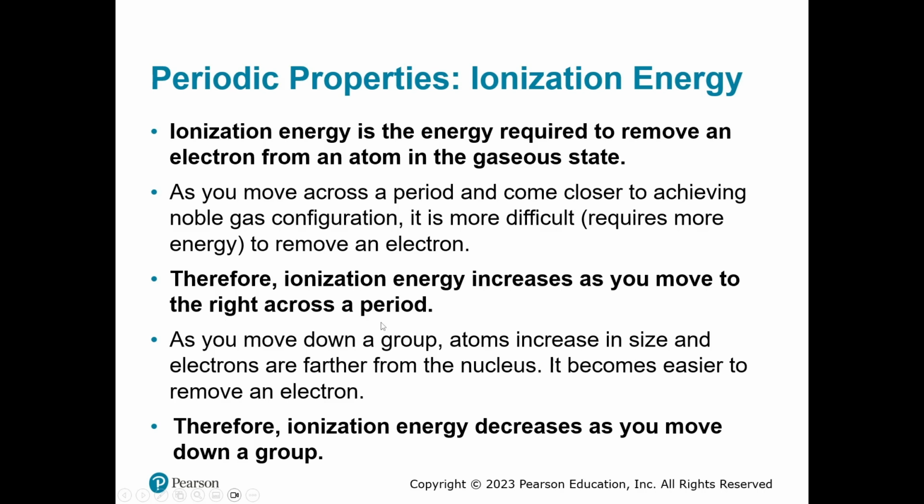Now, the thing with ionization energies and electron affinities is the noble gases are exceptionally resistant to change. They don't want to gain or lose. So noble gases have extremely high ionization energies and extremely high electron affinities.